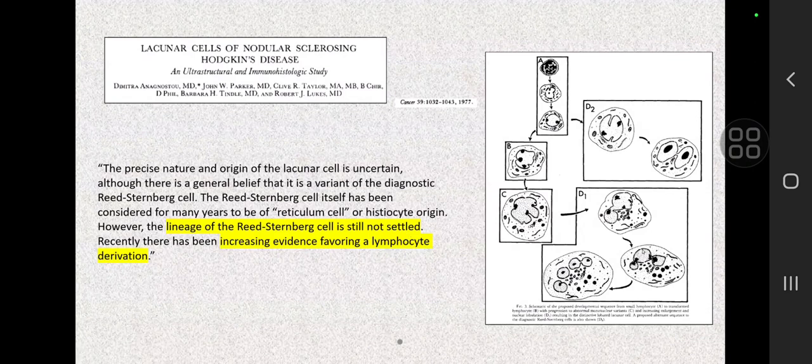Let's get back to our talk and move along. This is just kind of a cool thing because I just thought it was so fun. We don't do this anymore, but boy, I just think it's so neat. Phase microscopy of actual Hodgkin Reed-Sternberg cells. And what you see with phase microscopy of these is the little organelles. If you've never done it, it's really cool.